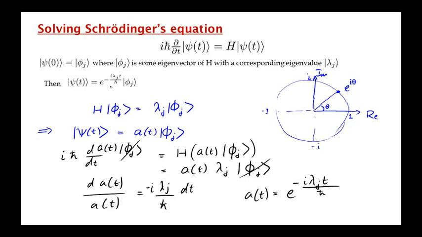What solving Schrödinger's equation tells us is that if you start with an eigenstate of H, then the state always points in the same direction. All that changes is the phase, and the phase changes via this precession rule. It precesses at a rate proportional to lambda j, which is the energy of that eigenstate.